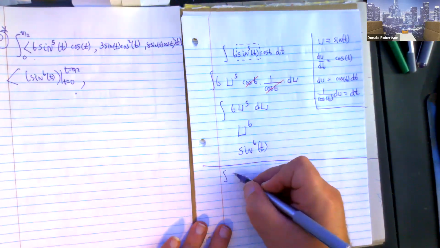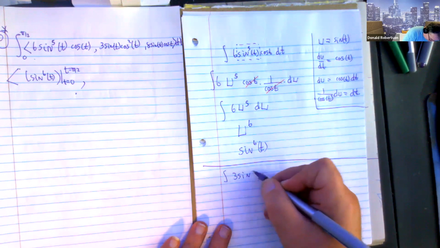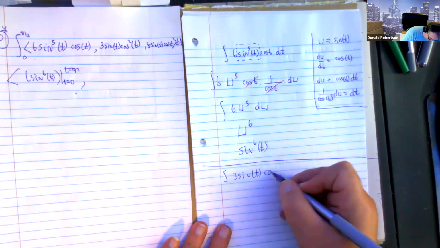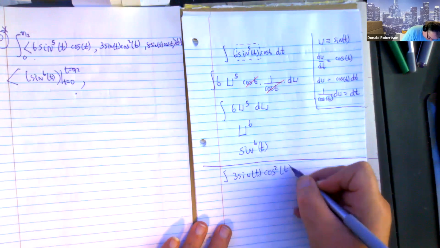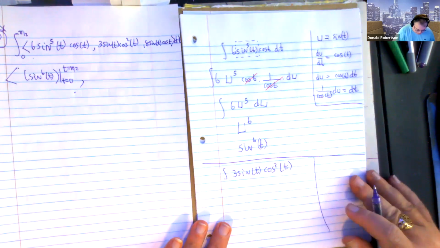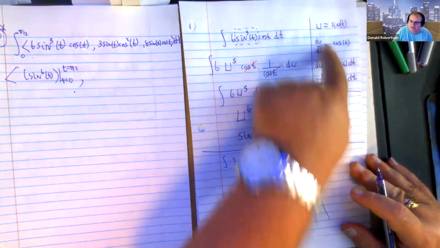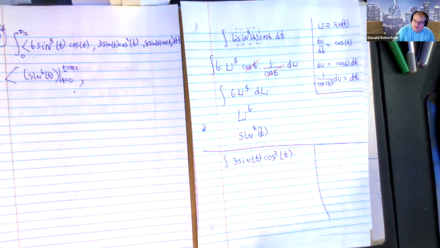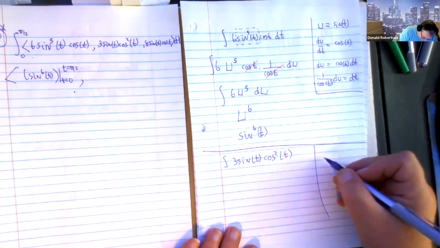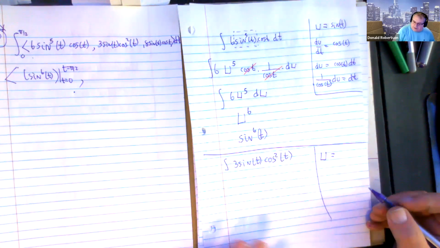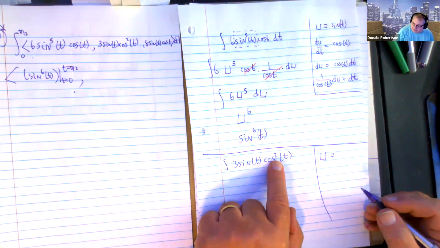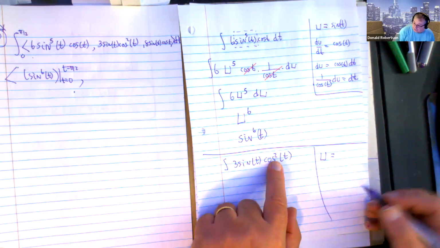The integral of 3 sine t cosine squared t. Right, now, bear in mind what I just said up here. Remember, the rule is if you have a sine and cosine combination, your u sub is the bigger power. So in this case, cosine t, because there's a square.